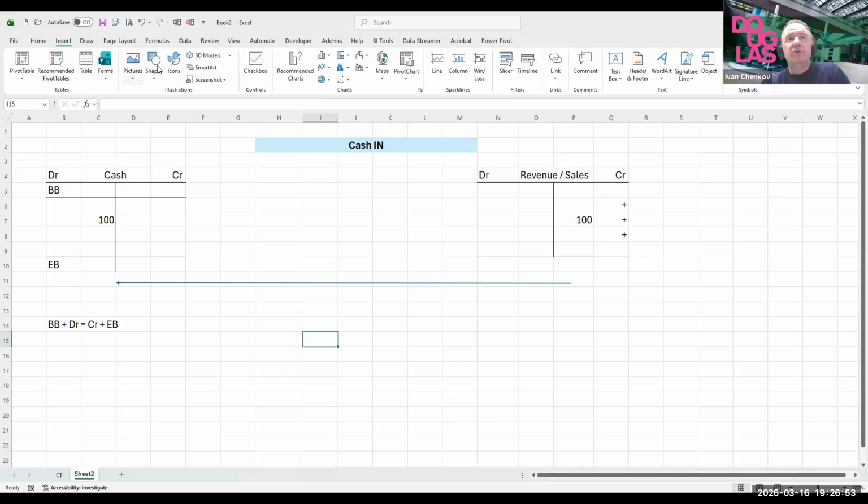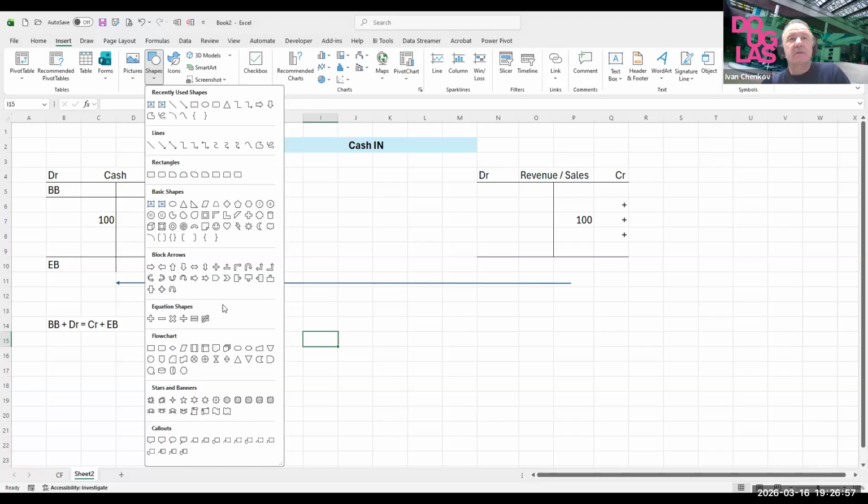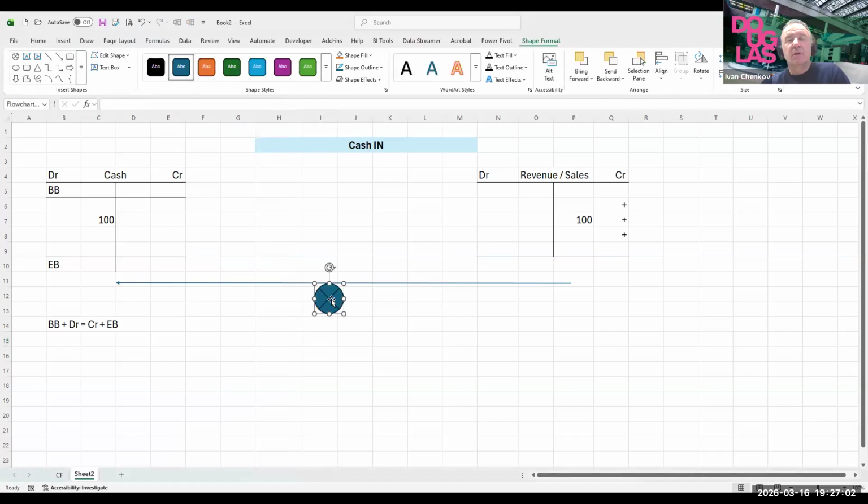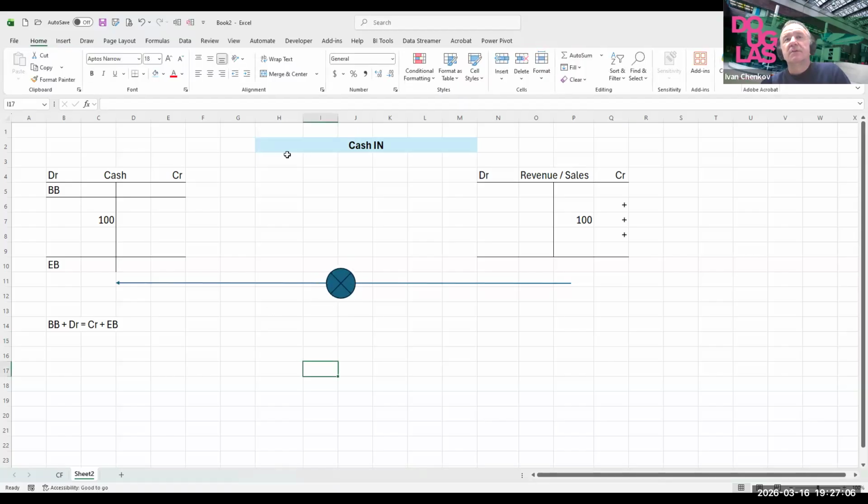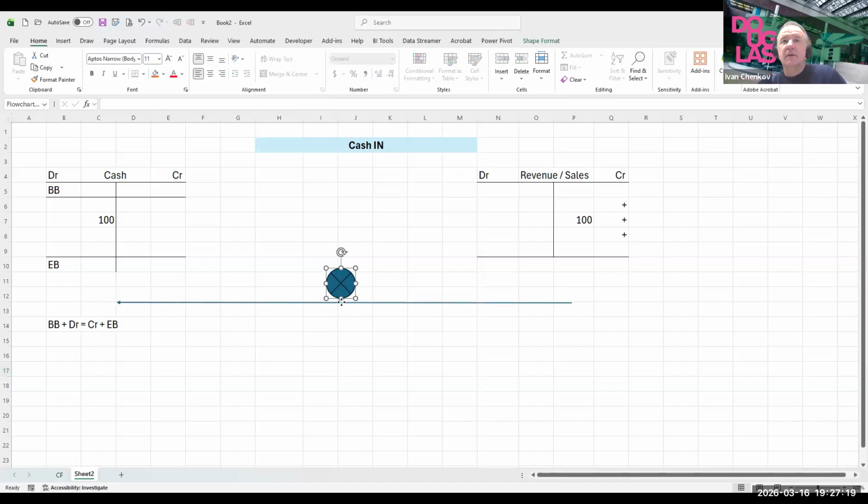Now, if we break this chain, the question is, let's find something that breaks the chain. This chain here is broken. So the question is, what's in the middle? That means I'm doing the sales, but I'm not collecting cash. That's called sales on account, correct?